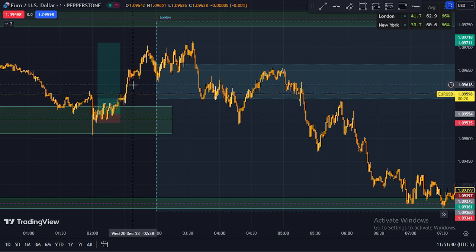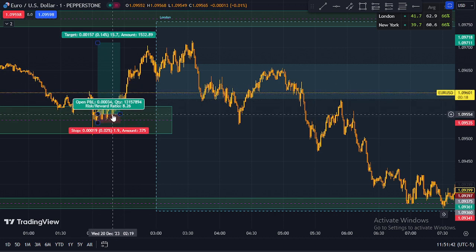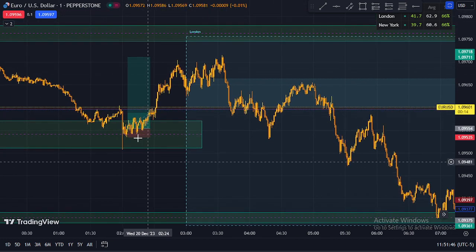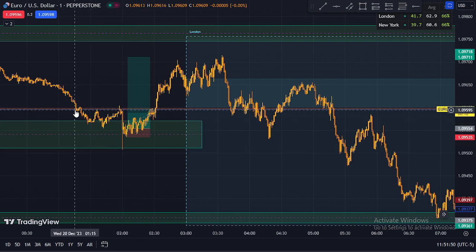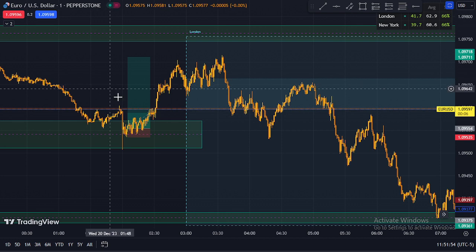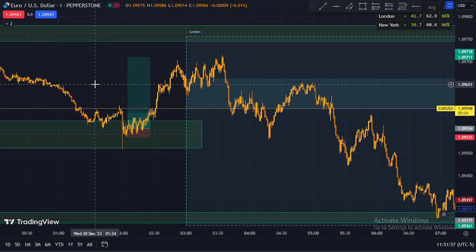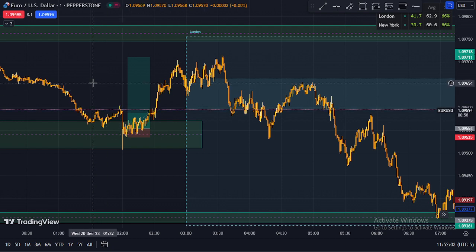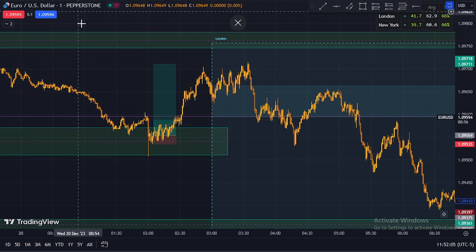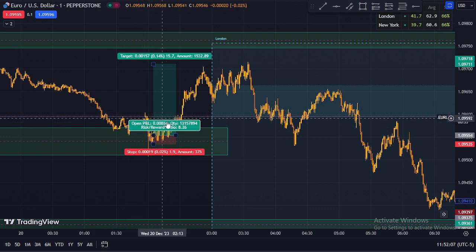to get these sniper entries, to get these good risk to reward entries. As you can see, our stop losses are always so small, so we don't risk a lot in our trades, especially for something like the Euro USD. The spread in many brokerage firms is almost zero, especially maybe on something like Paperstone, it's always zero.